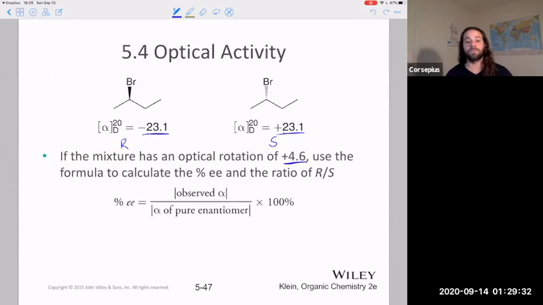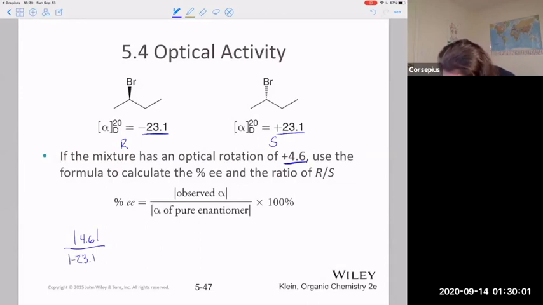Okay, so something to keep in mind. Just like we calculated enantiomeric excess before, we can calculate it using these values here, where the observed optical rotation divided by the specific rotation of this compound when it's pure, times 100 will give us that same percent enantiomeric excess. So here we take our 4.6 and we divide it by, and again, these have absolute values, so it doesn't really matter which one you choose.